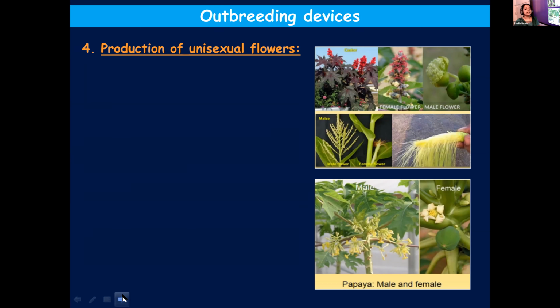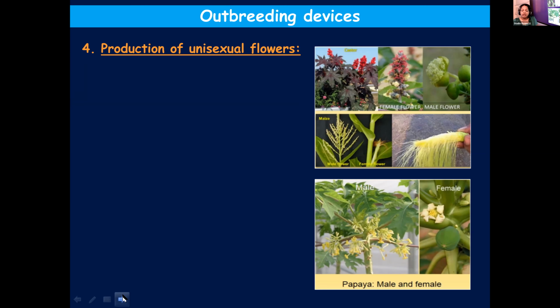In such a case, autogamy can be prevented, because autogamy means the transfer of pollen grains from the anther to the stigma of the same flower. That will not happen, because a single flower has only either the male or the female reproductive part. So it is assured that no autogamy will take place.